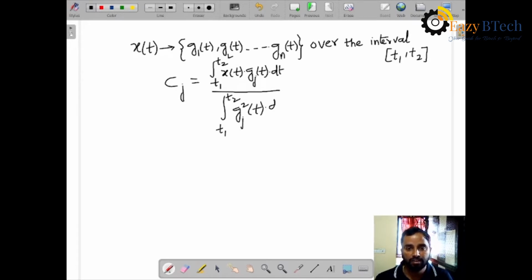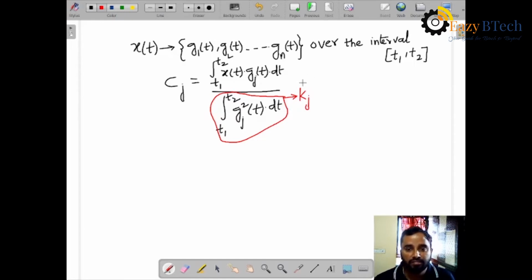The value of this denominator integral, I am taking as a constant kj.